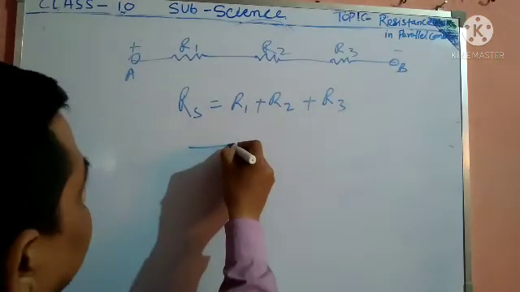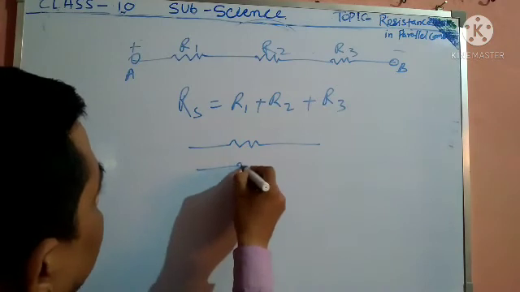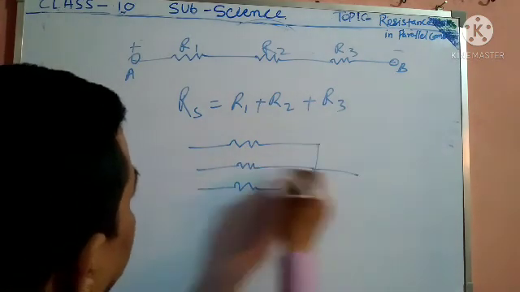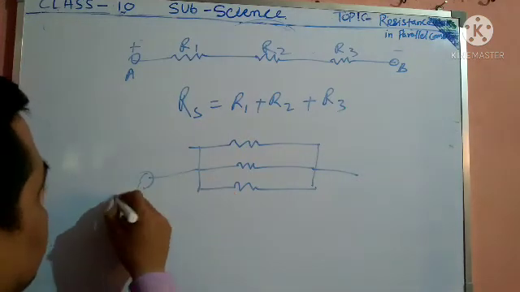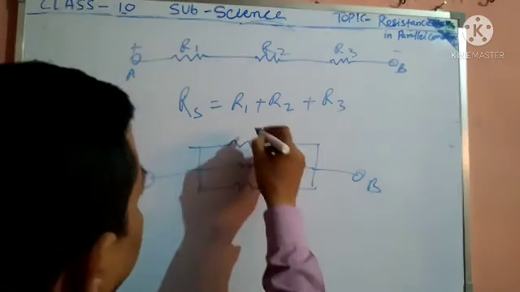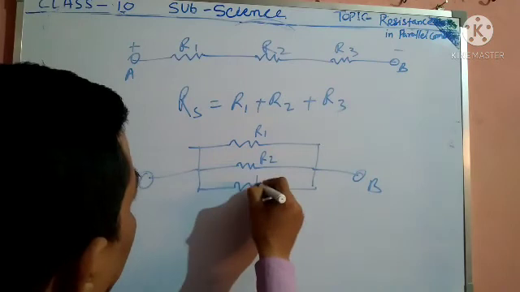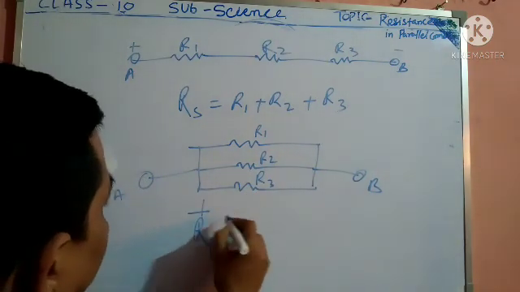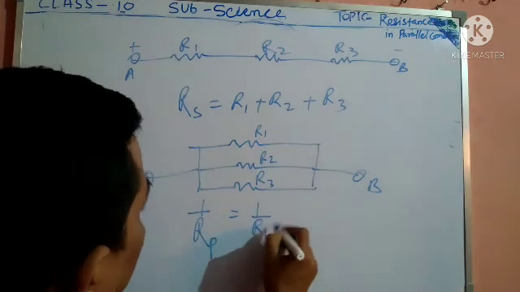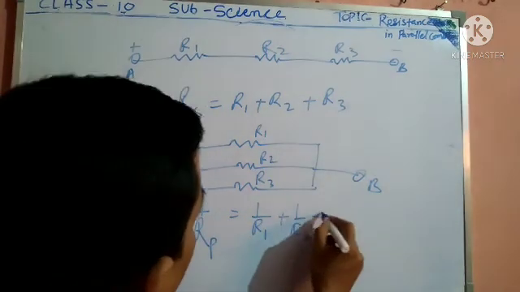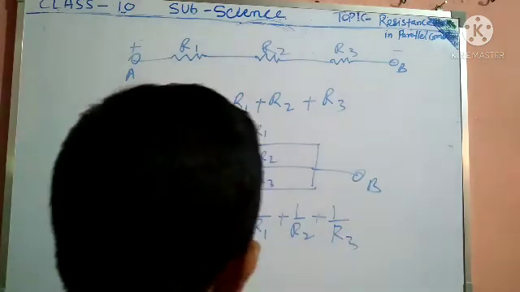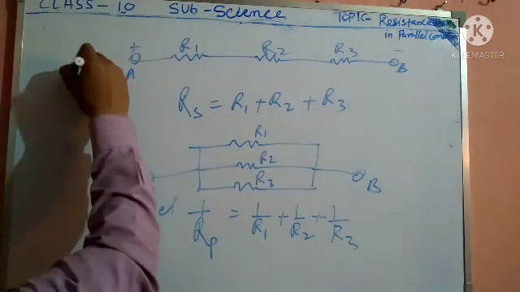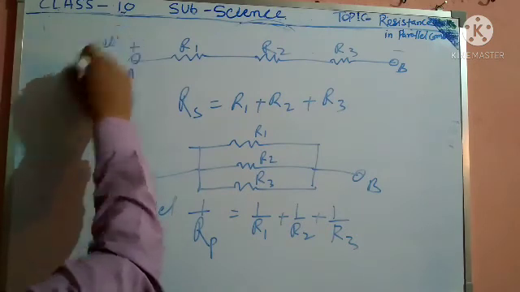But when the resistances are in parallel, between A and B with R1, R2, R3, then for R parallel, 1 by RP is equal to 1 by R1 plus 1 by R2 plus 1 by R3. So that is parallel and that is series combination.